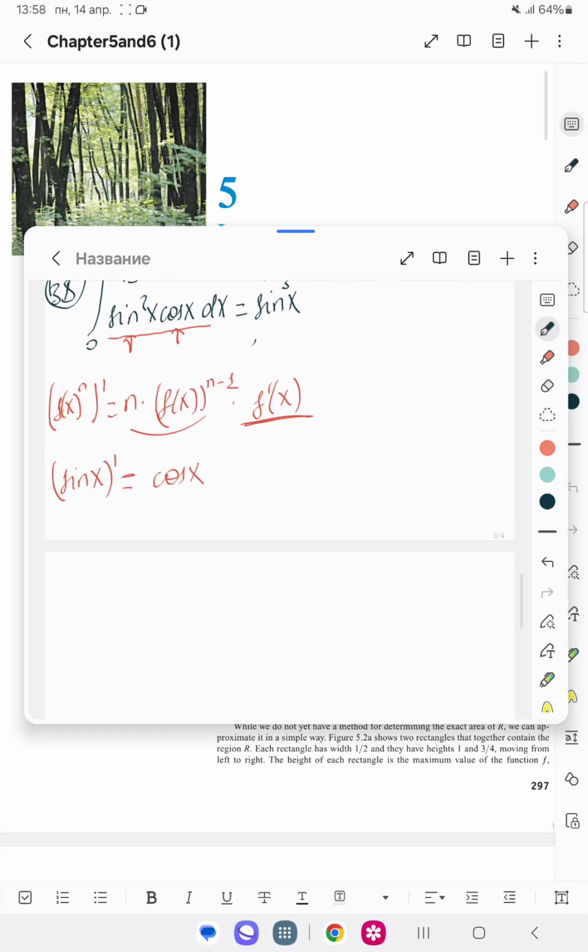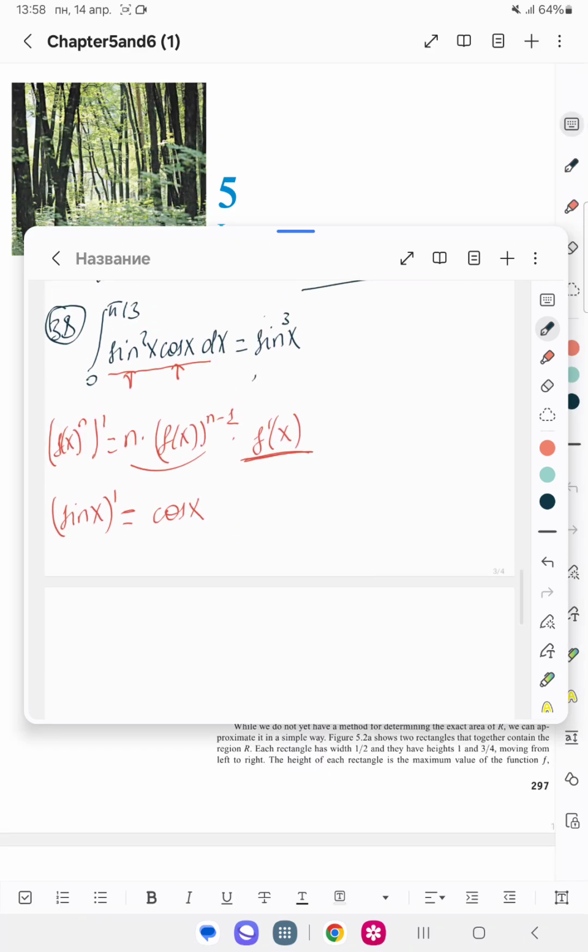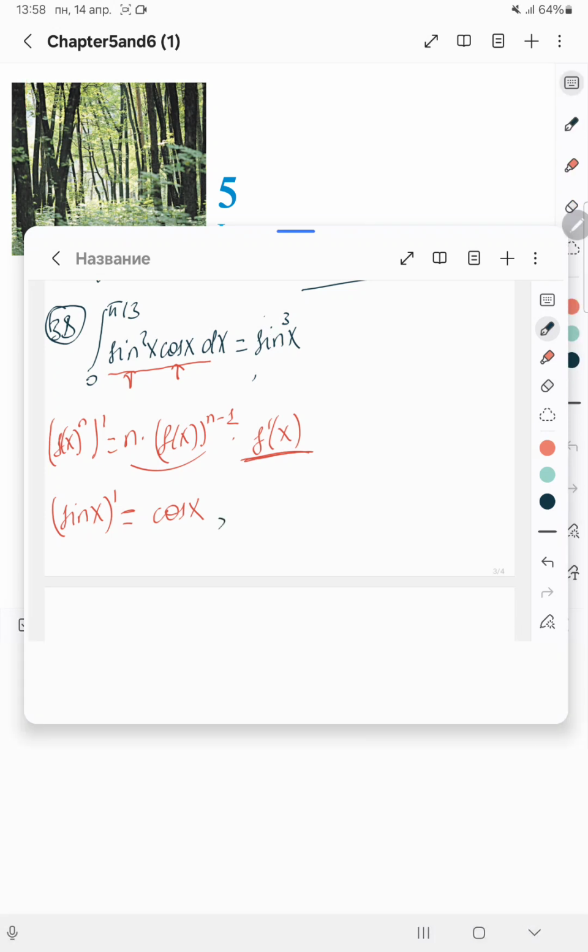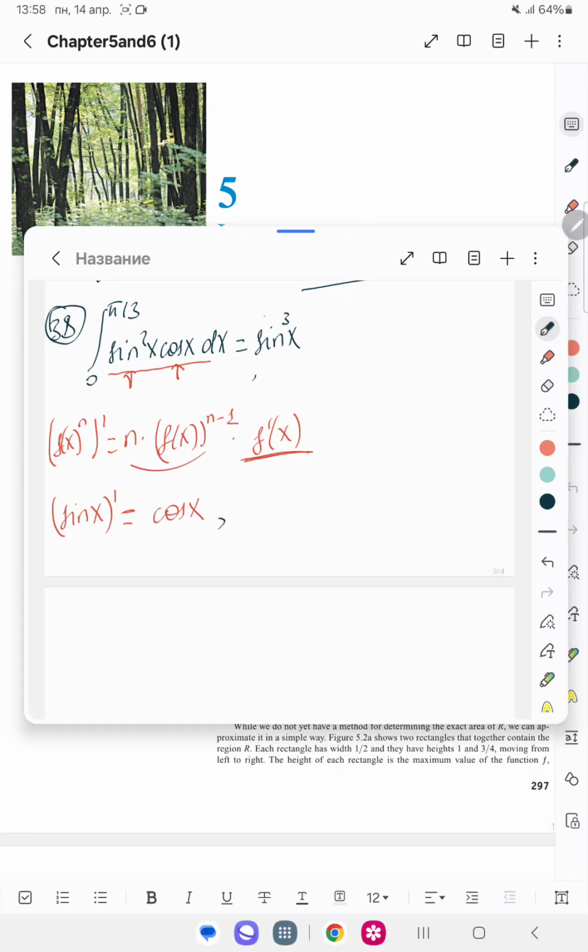Why? Because let's check. The derivative of sine cubed x is 3 sine squared x times the derivative of sine x, which is cosine x.